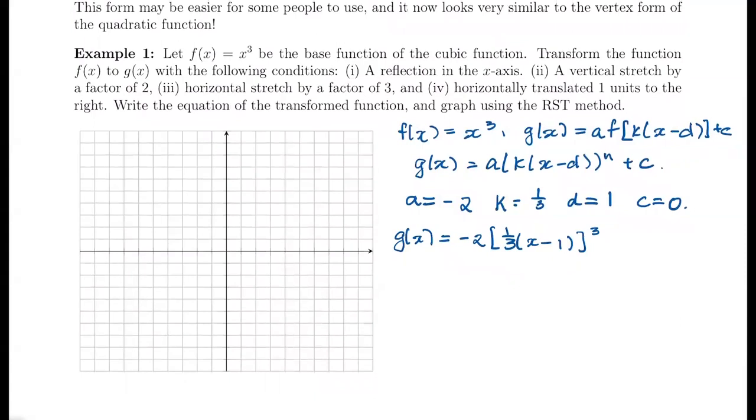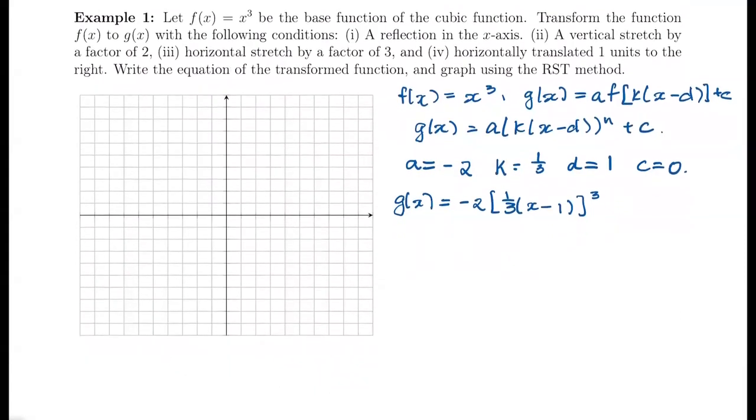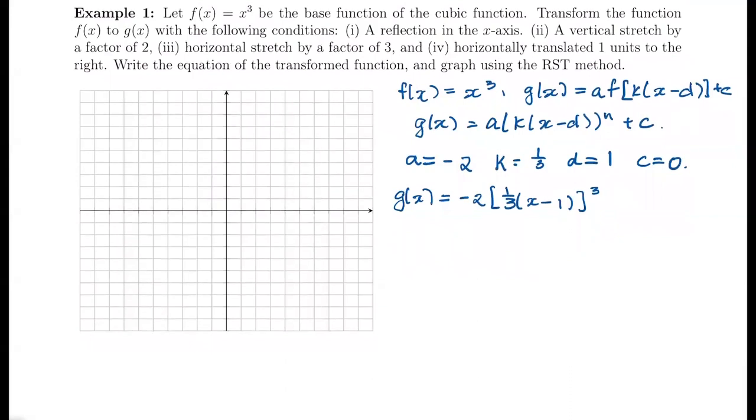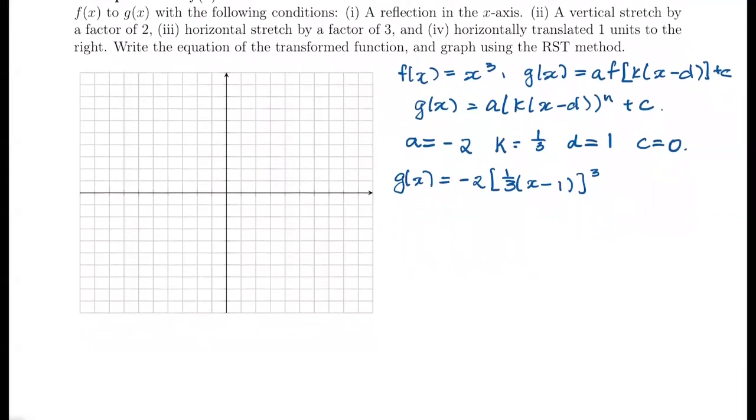So let's start using the RST method. Okay, so let's draw the base function first. So I'm going to use the same parameters as what we did. So 2, 4, 6, 8, and then -2, -4, -6, and -8.